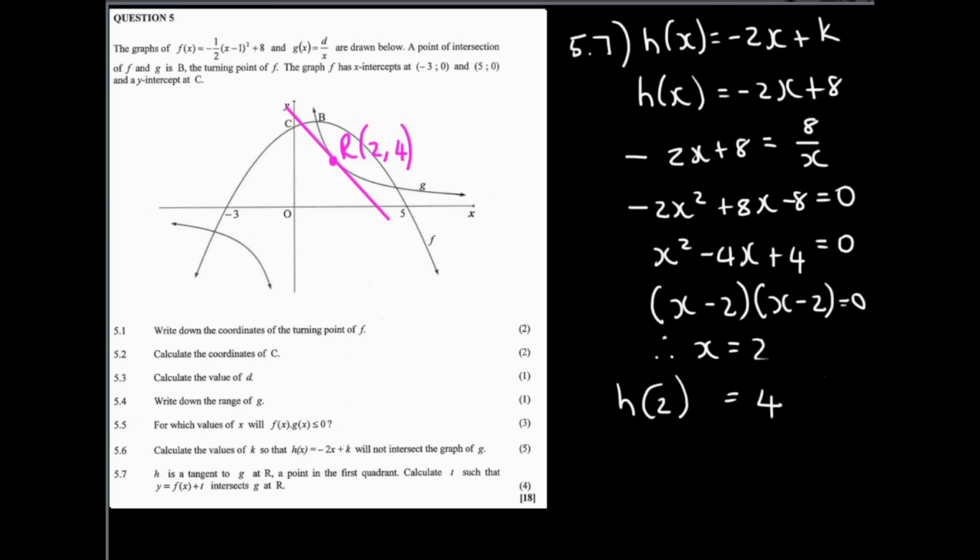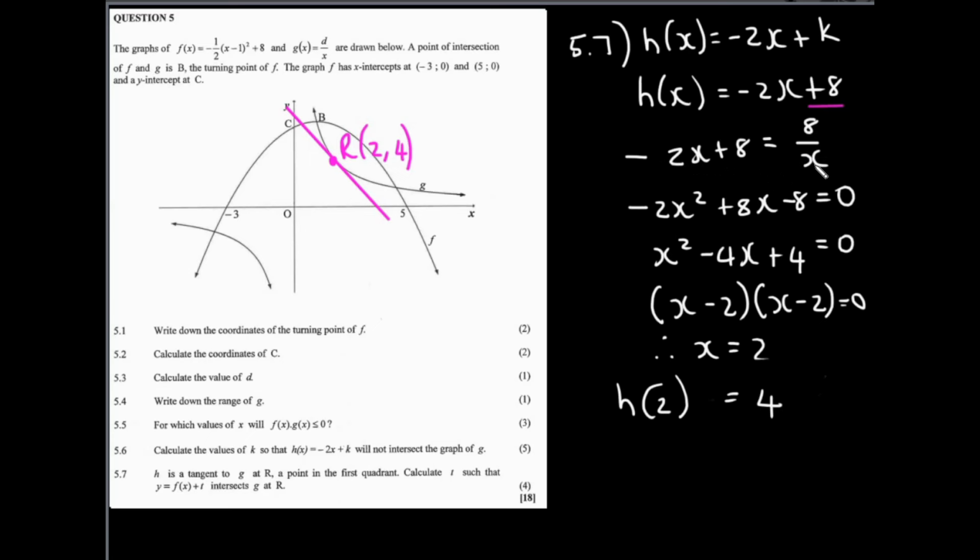It's either negative 8 or positive 8, but they said it's a point in the first quadrant. So it cannot be in the third quadrant. It has to be in the first quadrant, and therefore in the first quadrant we know that the value is positive 8. And so therefore we say negative 2x plus 8 is equal to 8 over x.